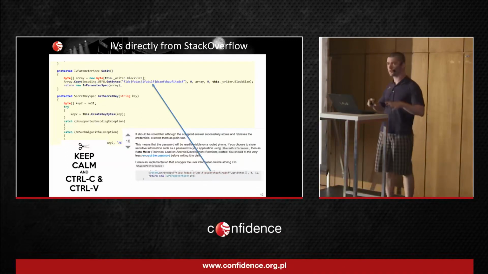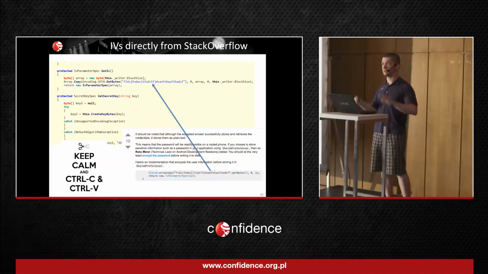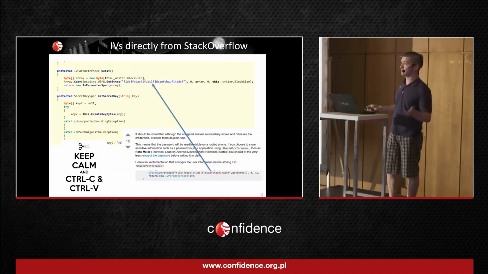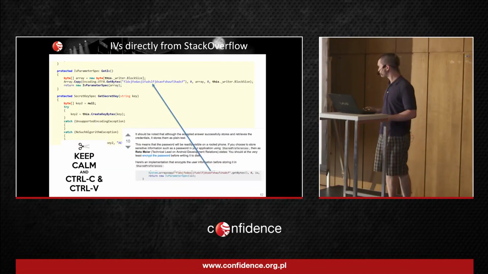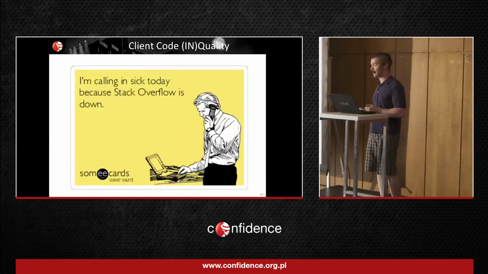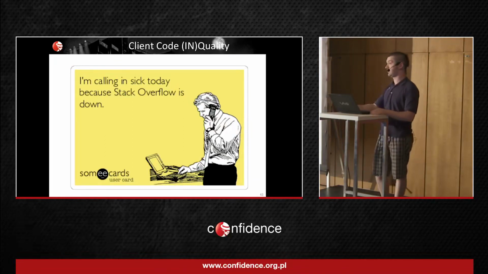So you just need to Google it, Control-C, Control-V, and paste it in your code. And sometimes all will be working. Two applications use code that was copy-pasted directly from Stack Overflow. So I think when Stack Overflow is down, those devs will take the day off.